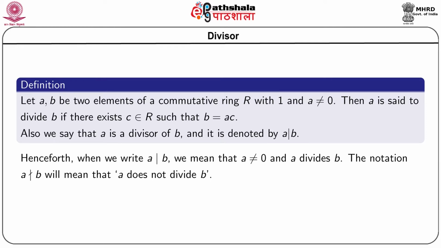Henceforth, when we write a divides b, we mean that a is non-zero, and the notation a does not divide b will mean that b is not a multiple of a.